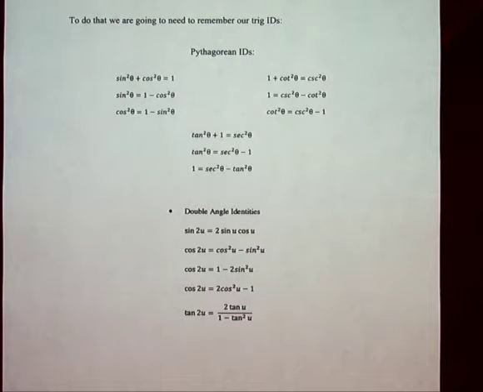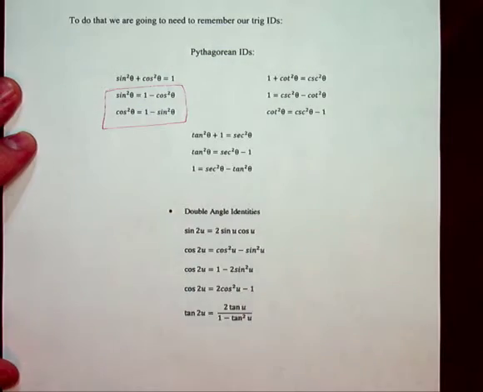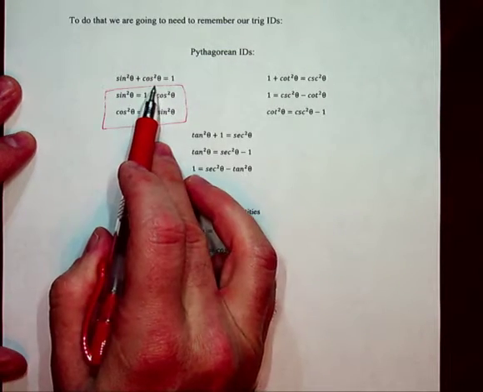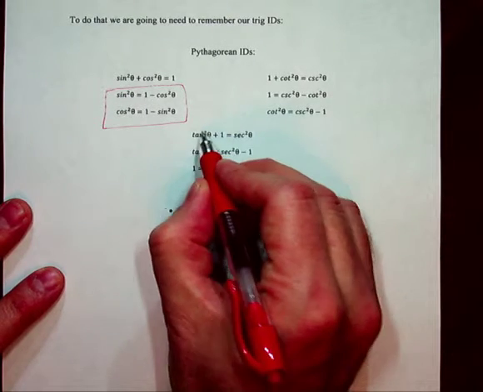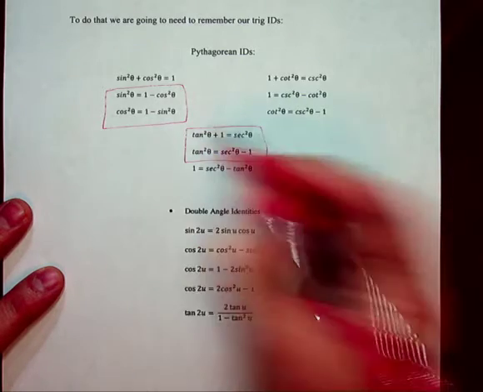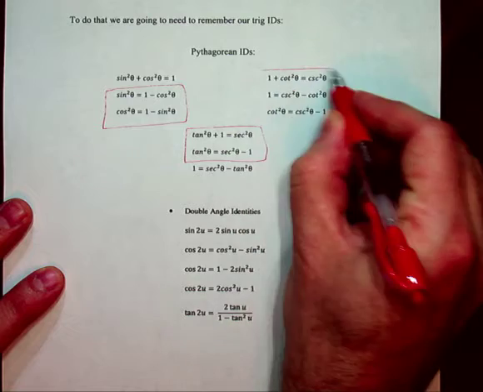These are the ones that are going to be most common for our purposes, and usually they wind up being really helpful. You don't oftentimes get an integral that has sine squared plus cosine squared in the integrand. For the rest of these, it's not going to be the one with both on the same side.